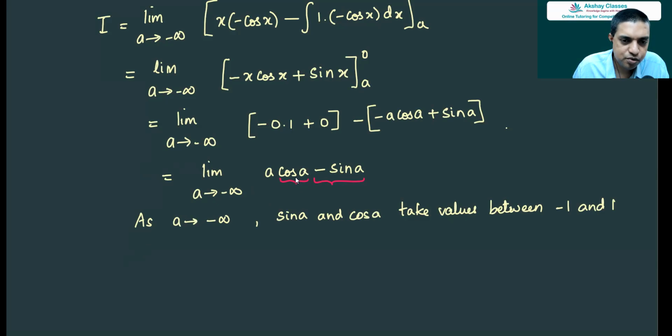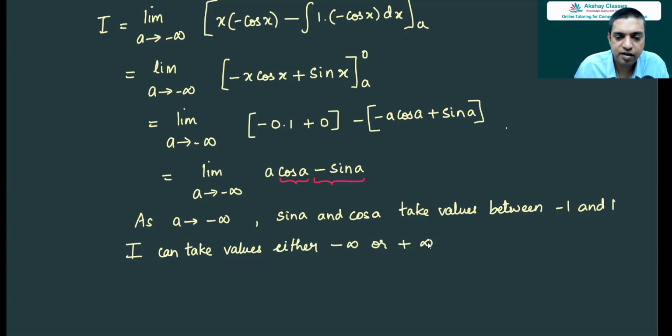If cos a value is negative, this is going to minus infinity into a minus sign, so you will get plus infinity. So this can take values either minus infinity or plus infinity.